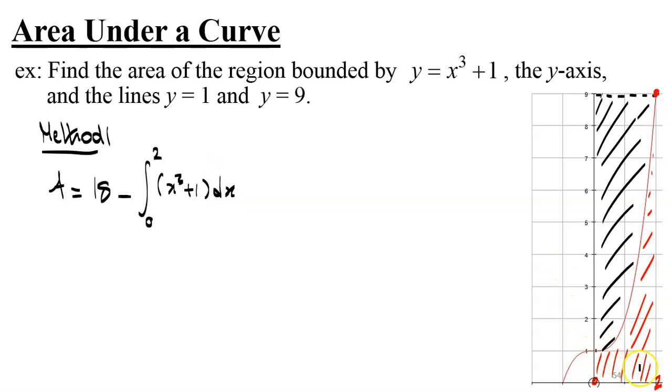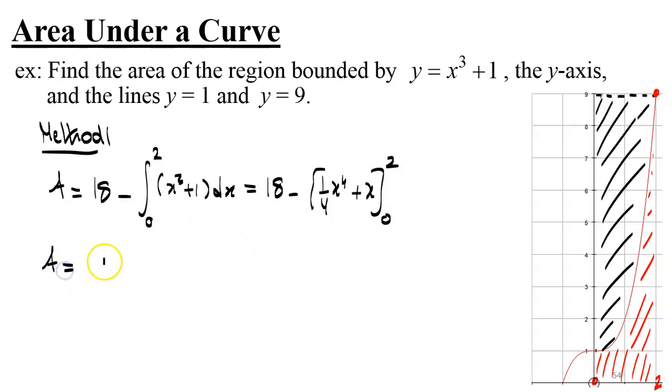Now over here you can see that from 0 to 2 the function is above the x-axis, so that integral is in fact positive. So now all I have to do is determine this integral and then subtract it from 18. So that is 18 minus 1 over 4 x to the 4, that's the antiderivative of x cubed, plus x, between 0 and 2.